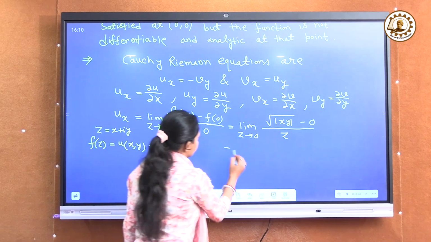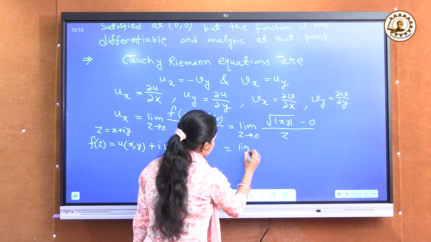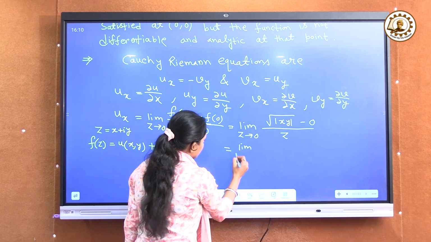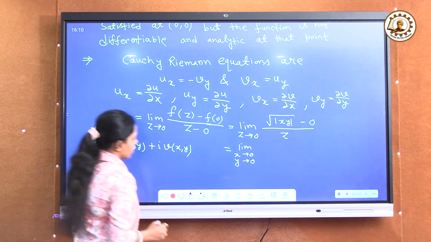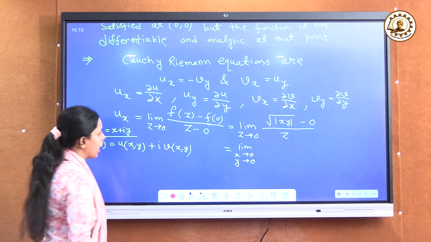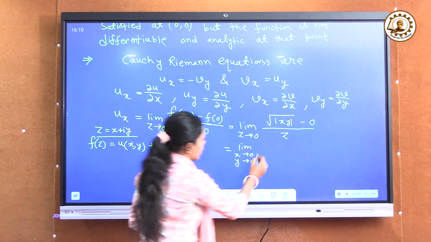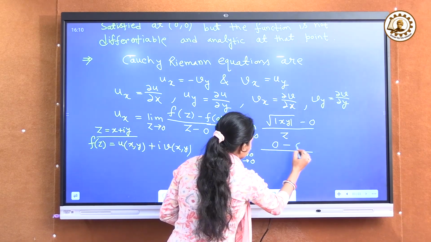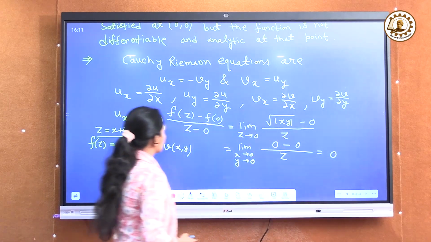So here we put z tends to 0, that means x tends to 0 and y tends to 0, because z equal to x plus iy. Then we put 0 minus 0 divided by z, so our result is 0.